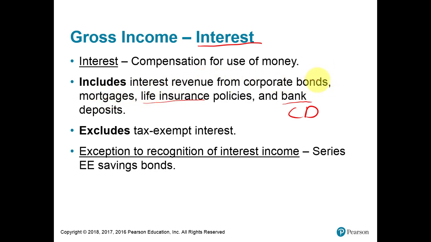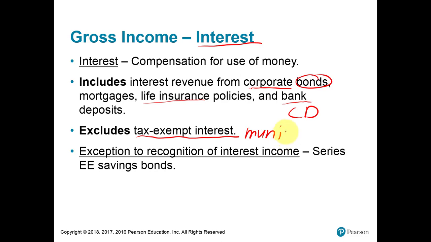Or you buy bonds from a corporation or from the government. Well, corporate bond interest is taxable. Municipal bonds, bonds you buy from states, cities, counties, municipalities, agencies like the airport or port authorities, are tax-exempt. Sometimes they call these muni bonds, and interest on that is tax-exempt.